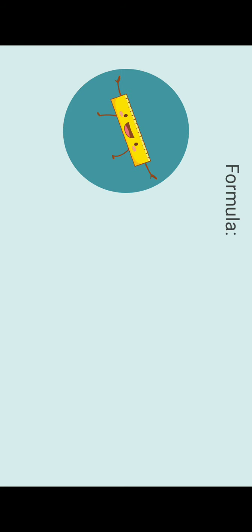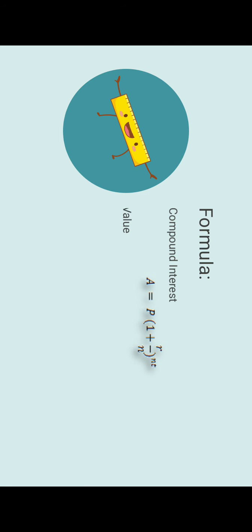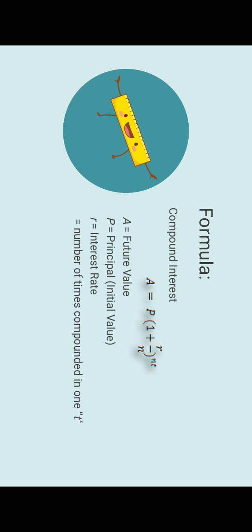Next, the formula of compound interest. A stands for future value equals P stands for principal or initial value multiplied by 1, a constant number, plus R stands for interest rate divided by N stands for number of times compounded in time, to the power of N and T, where T stands for time.